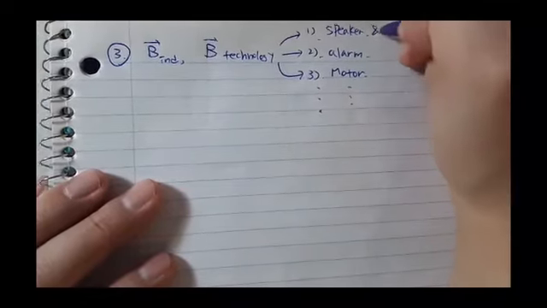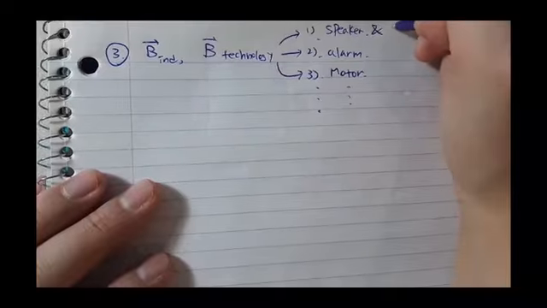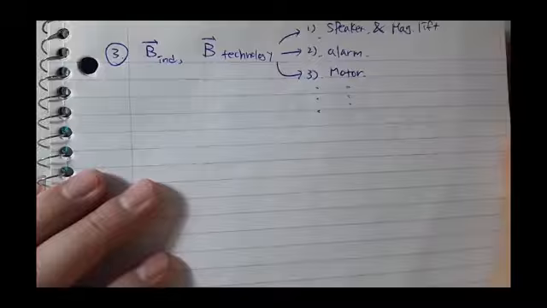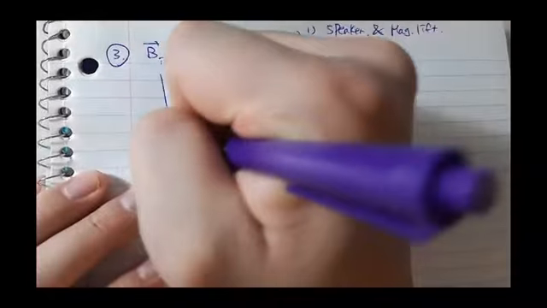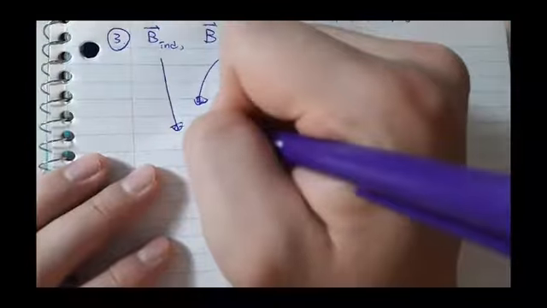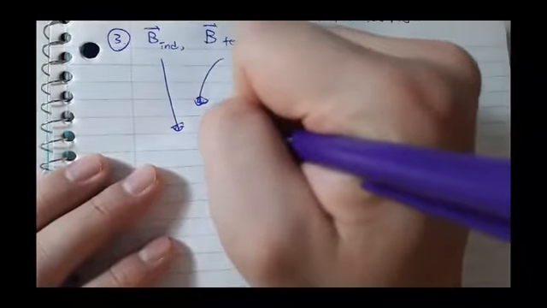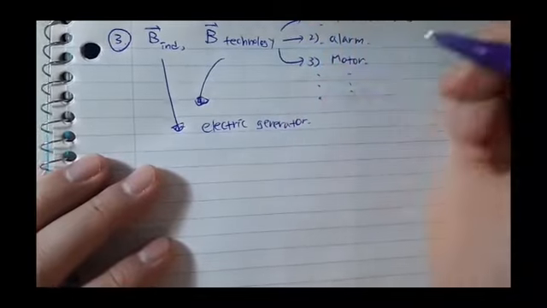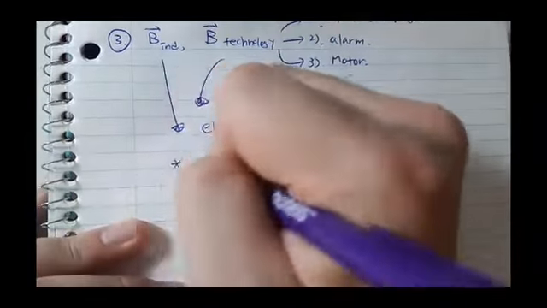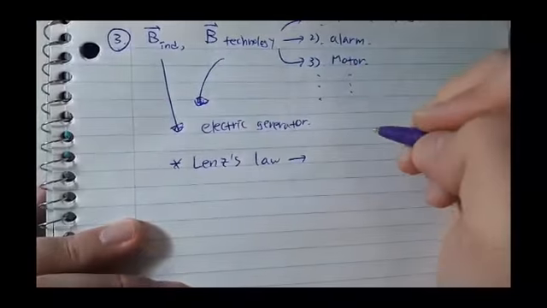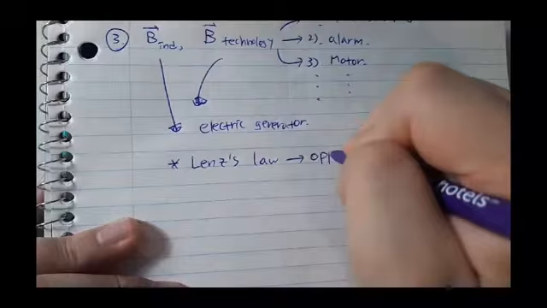Speaker and magnetic lift, something like that. Induced magnetic field, if it's technology related, this is your electric generator. But the one that makes this theory happen is Lenz's law. Lenz's law, think about it this way, it opposes motion.